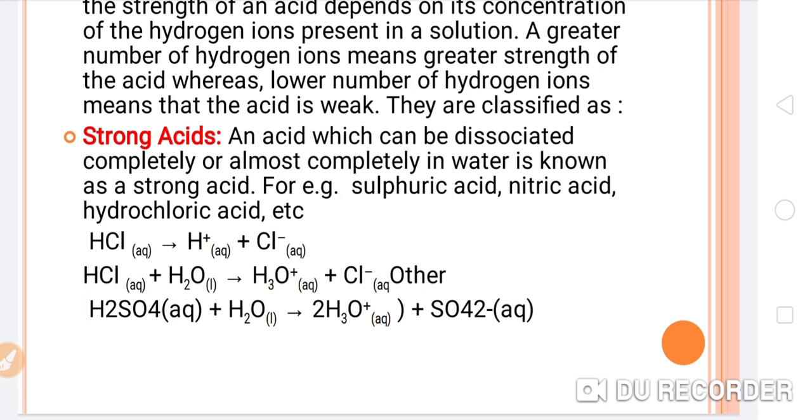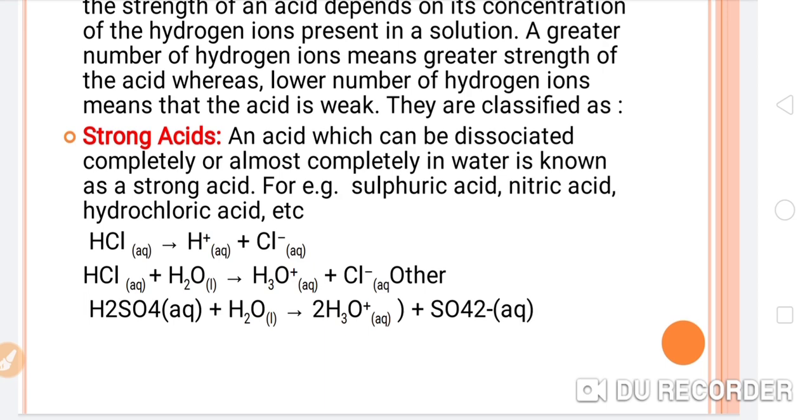And what particles will exist in the aqueous solution of HCl? These will dissociate into hydronium ion and the chloride anion. Okay, so this is the reaction. Now second, here we are also dissolving sulfuric acid inside the water and we are getting 2 hydronium ions and a sulfate anion.